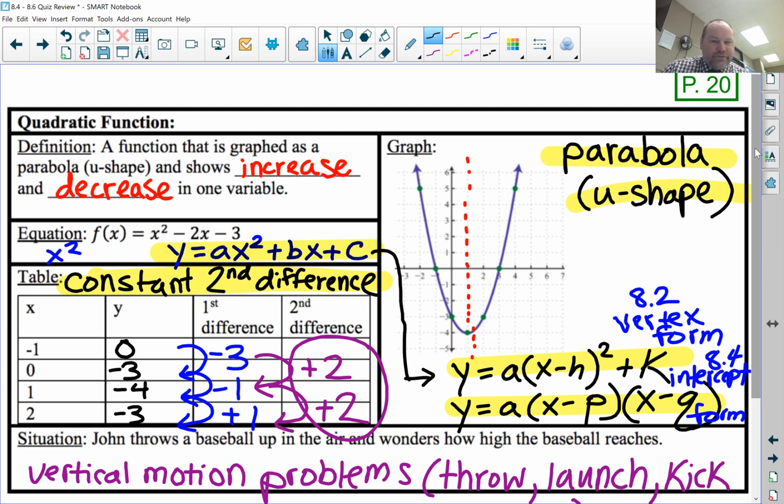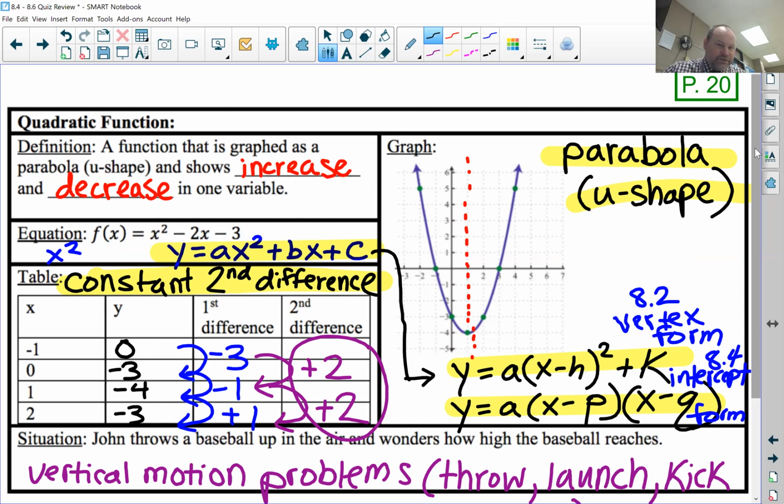So we have our standard form, ax squared plus bx plus c. We have our vertex form, y equals a times (x minus h) squared plus k. And our intercept form, from the beginning of work that we started since spring break, y equals a times (x minus p) times the quantity (x minus q).